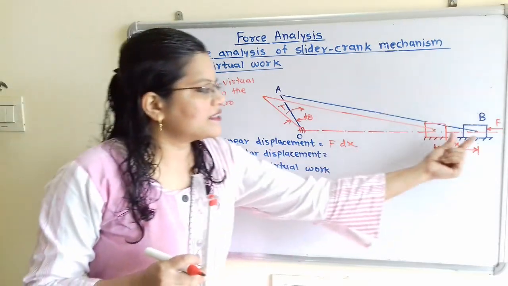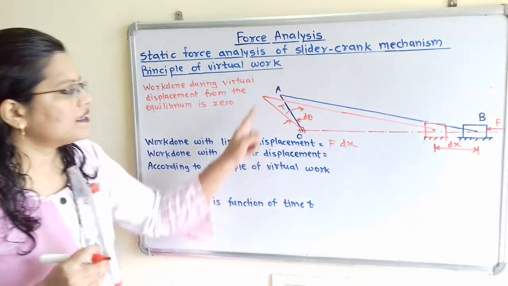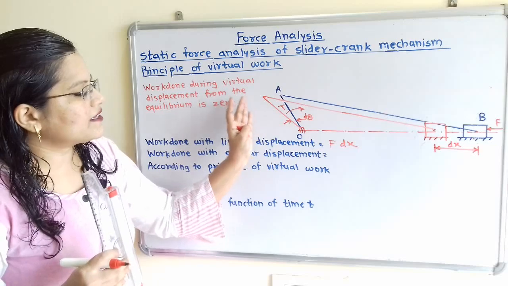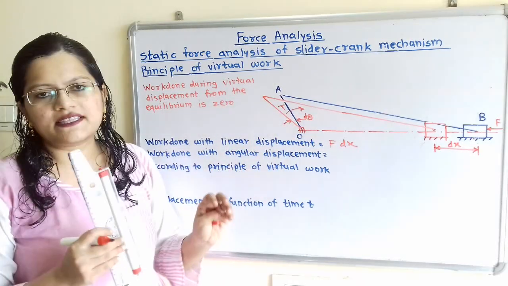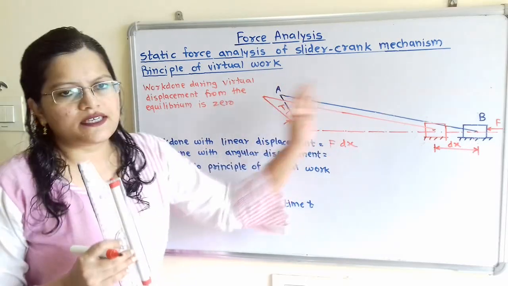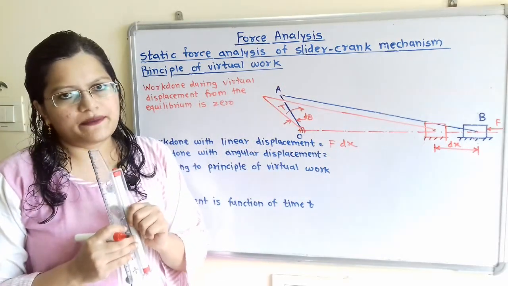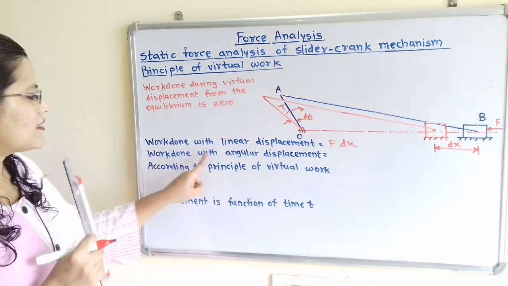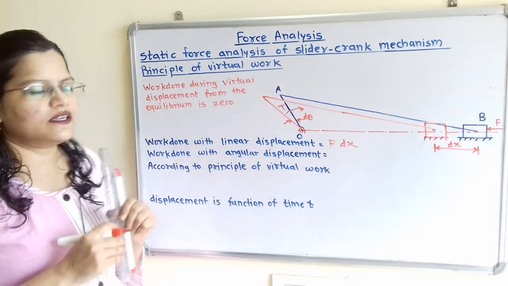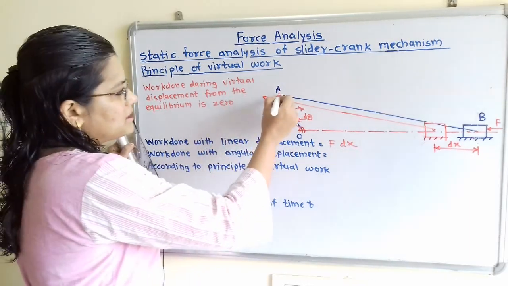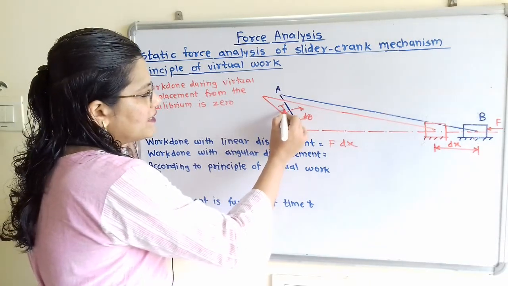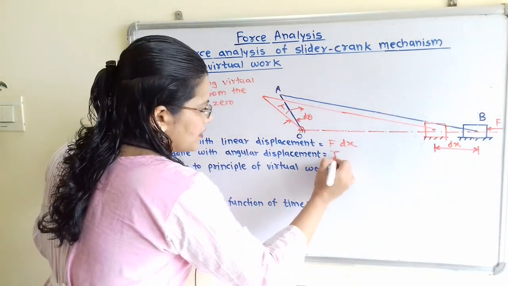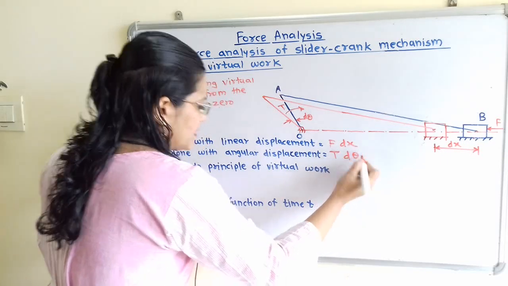Now when there is the linear displacement, then in this crank the torque is to be applied through an angle d theta to bring the system into equilibrium. So here work done with angular displacement. So work done with angular displacement is related to crank. So here we have to write T into d theta, that is torque into d theta.